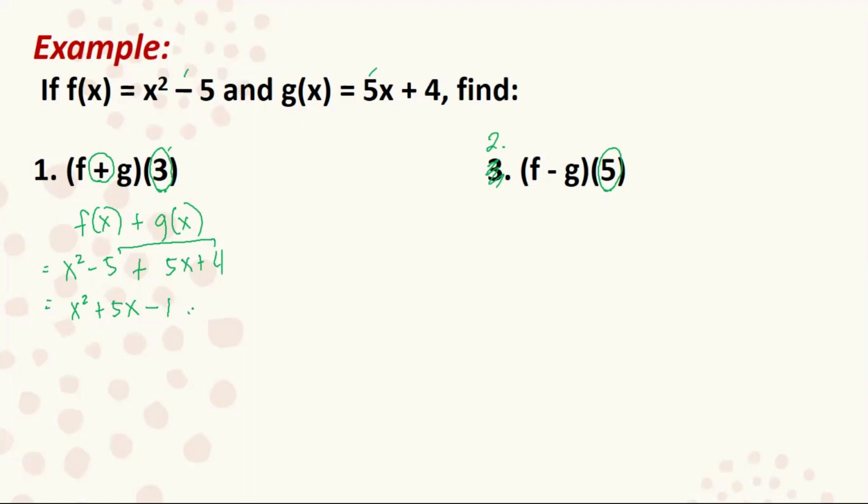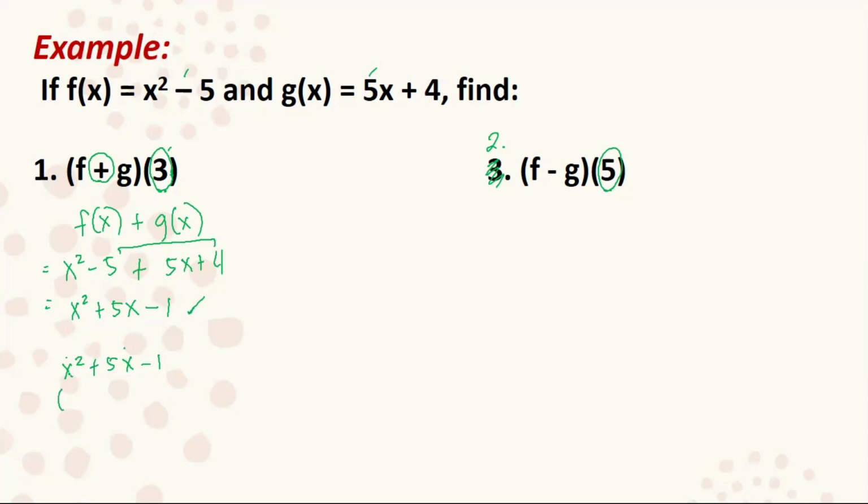So this is not yet the final answer. Kasi nga, as I told you, we still have to evaluate the resulting expression at 3. So copy the resulting expression and then do the substitution. We replace the variable x by 3.